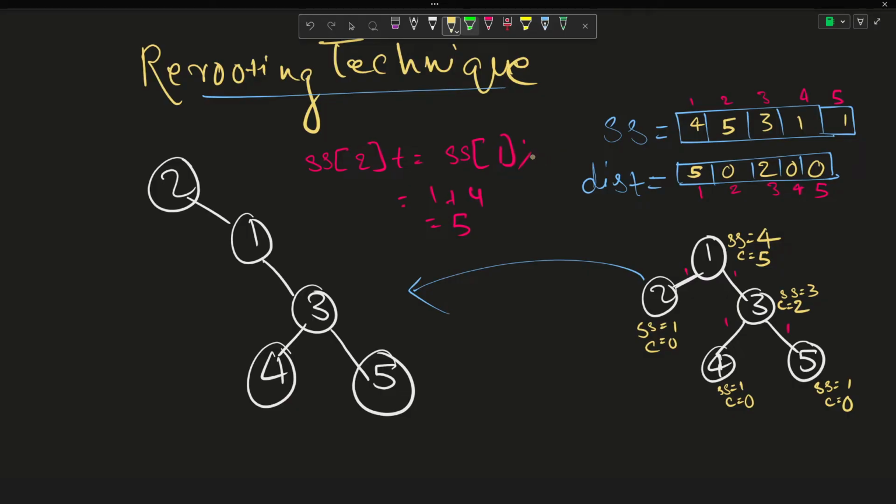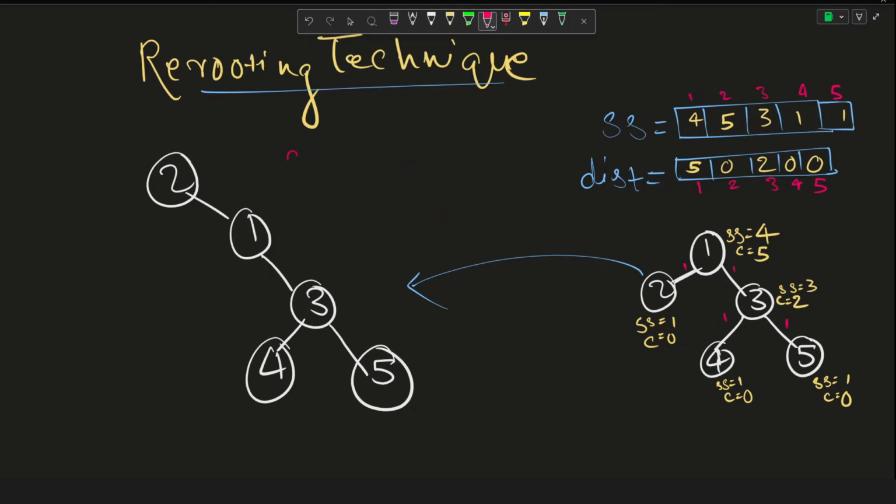And also we have to update the distance value for the second vertex, because now since 1 is the child, it will be using its values of both the subtree size as well as the distance in order to calculate its own value, right? I will say that the distance for this 2 is whatever it is holding currently. So initially it was holding 0, right?